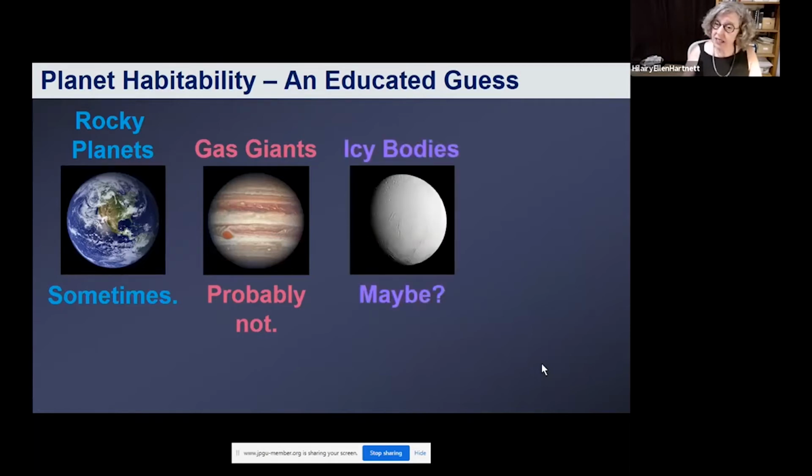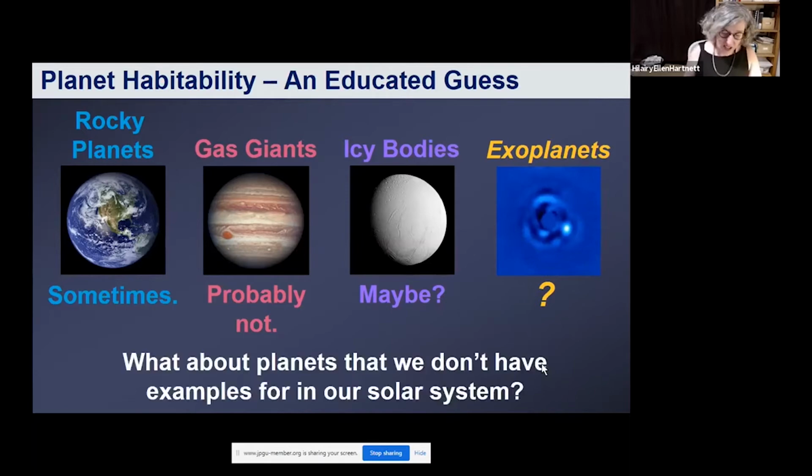Icy bodies like Europa or Enceladus, perhaps, maybe are habitable because they have a liquid water ocean and potentially geothermal heating. But for exoplanets, planets around other stars, we really don't know. How are we going to decide if they're habitable? And this is particularly challenging for planets that we don't have examples of in our own solar system.